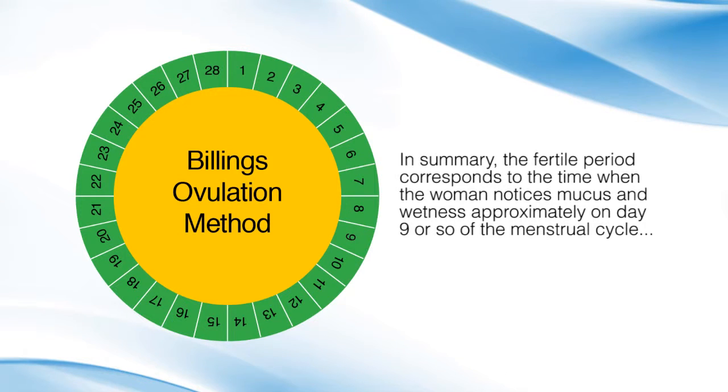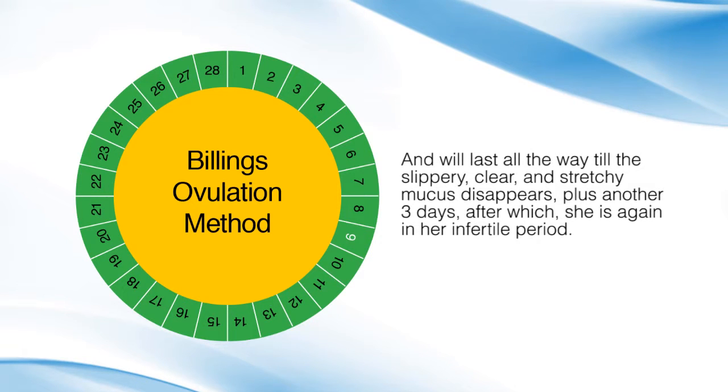So, in summary, the fertile period corresponds to the time when the woman notices mucus and wetness, approximately day 9 or so of the menstrual cycle, and will last all the way till the slippery, clear, stretchy mucus disappears, plus another 3 days, after which she is again in the infertile period.